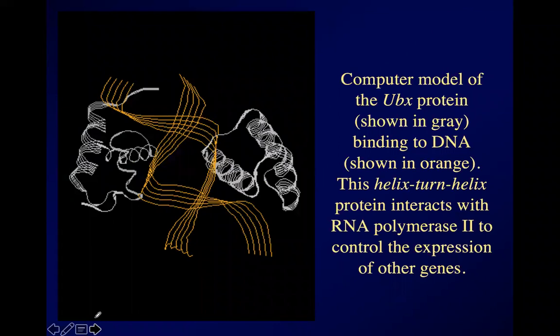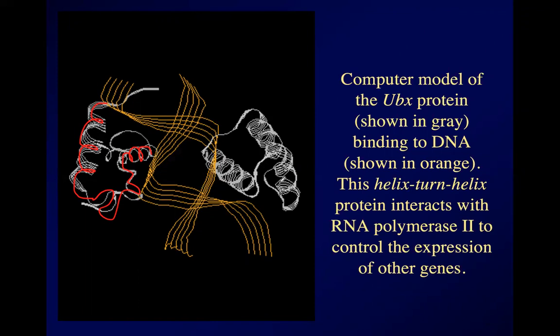There's a computer model of the UBX protein shown in gray. You can see it's got several alpha helices. In fact, it's got an alpha helix right here, and then kind of a twisty turny bit, and then another helix right there. That's called a helix turn helix motif, and it's common in DNA binding proteins.